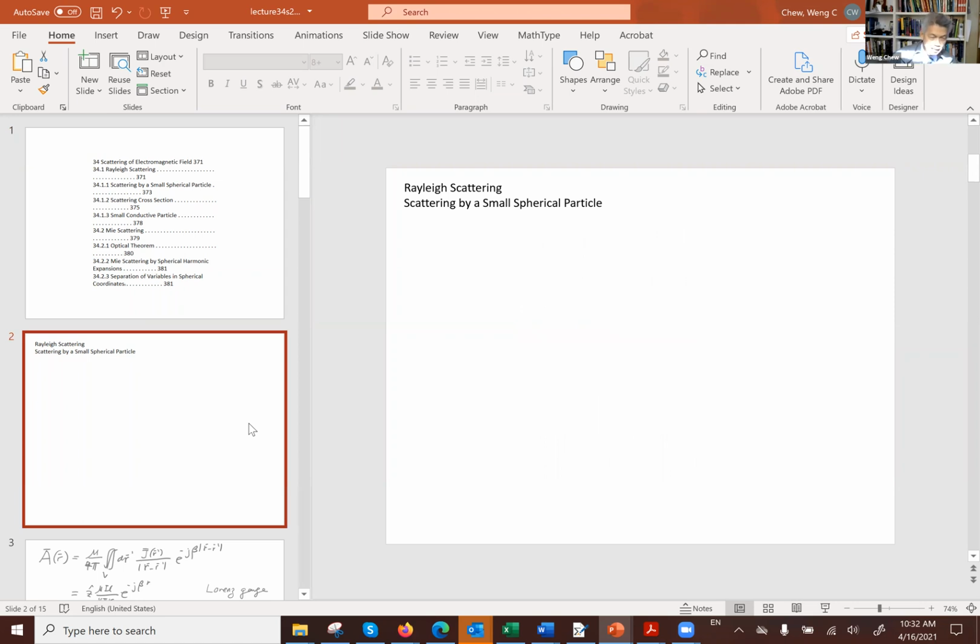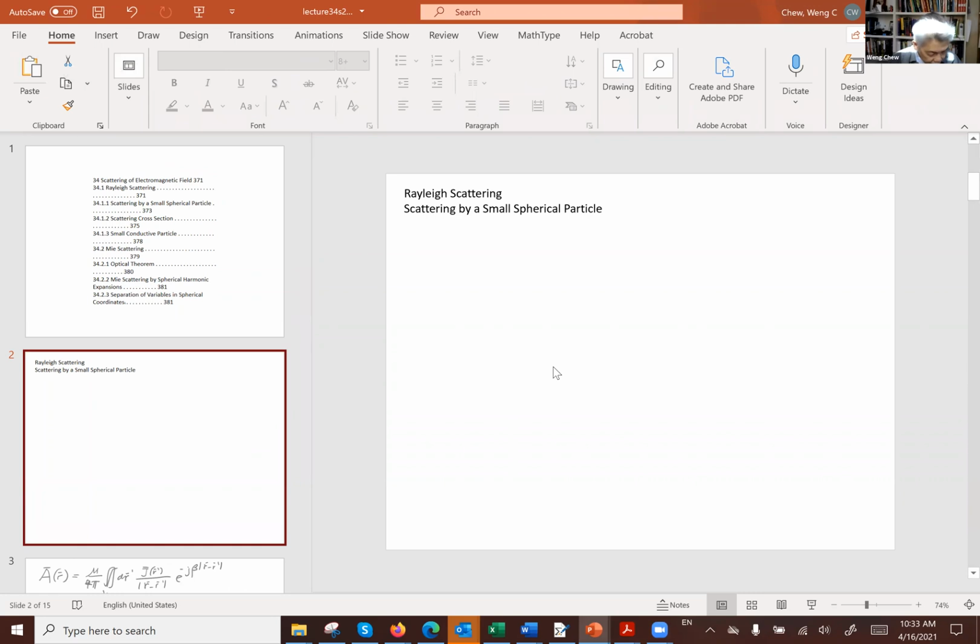So what is Rayleigh scattering? It's actually a scattering solution of a small particle worked out by Lord Rayleigh many years ago, probably in the late 1800s or the early 1900s.